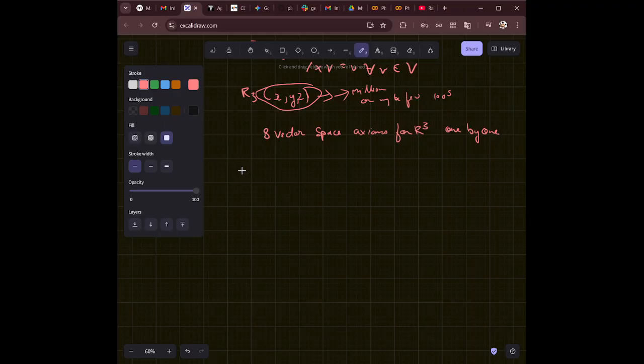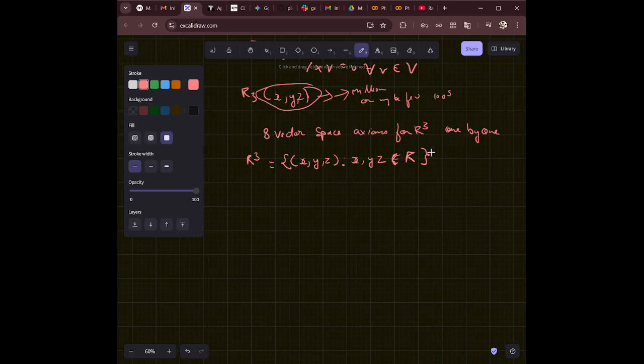Whenever we do something, we first have to define what we need. Here we define R3 equals (x, y, z), where x, y, z are elements belonging to a set R, and for this example, R is the real numbers.